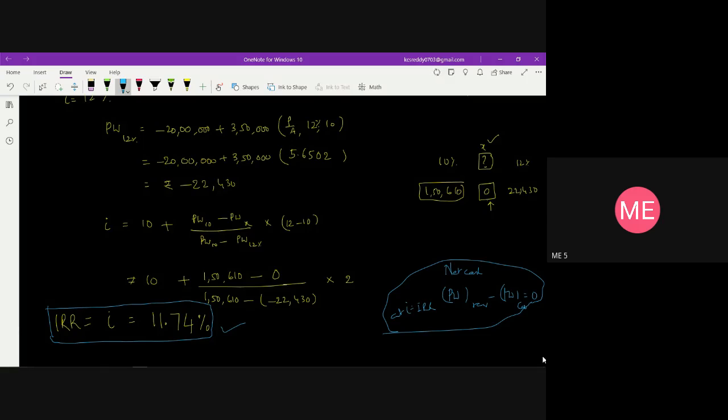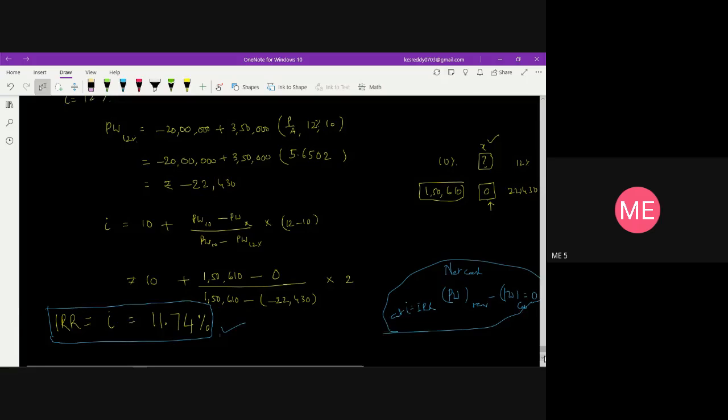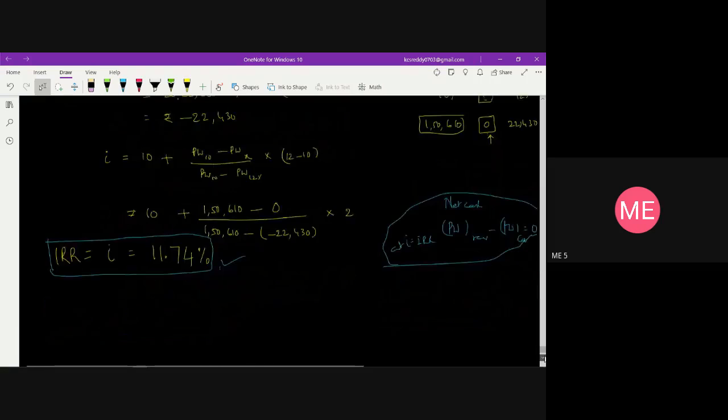Likewise, if I have different alternatives, we need to check how to find it for each of them. For example, I have taken one more. In this, I have a firm.